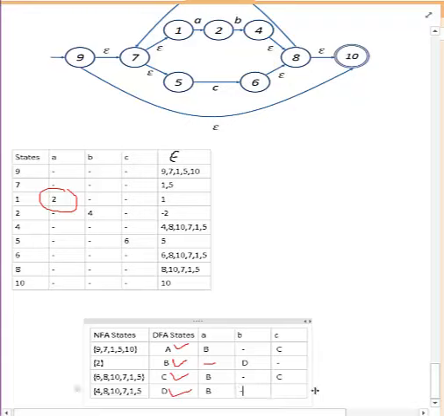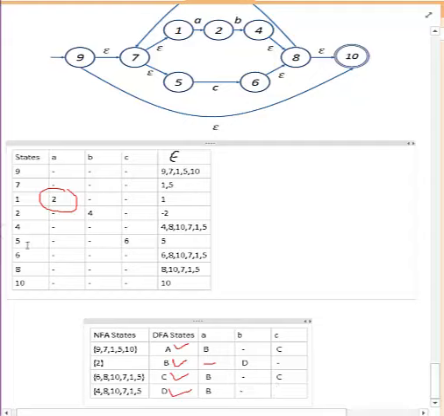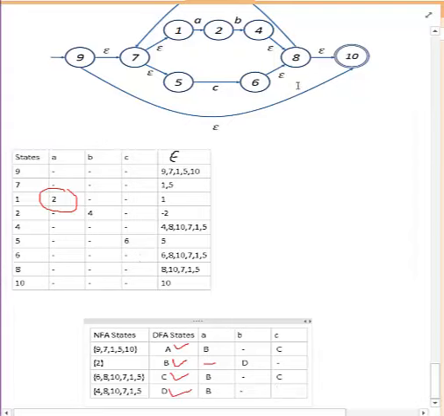Then on C, it is having the 5. Is 5 here? Yep, it is. So I go to the 6 actually, and 6, 8, 10, 7 on 5 is already here. That is called the C, right? So I should go to the C. Okay, so I am done.